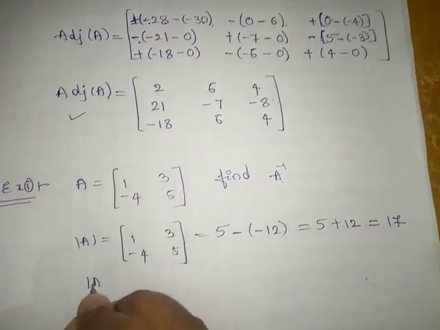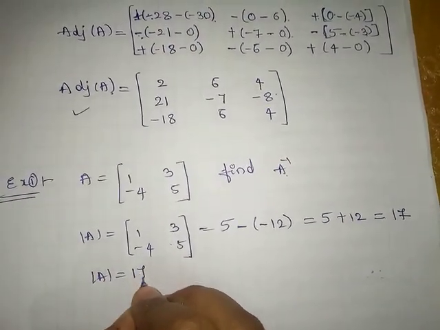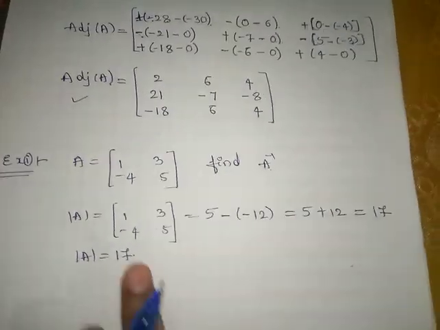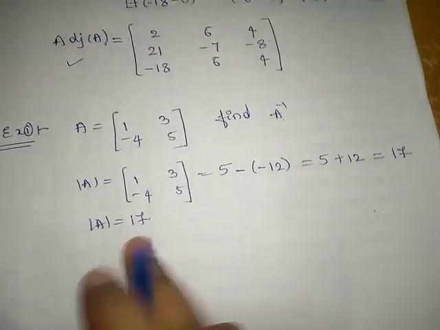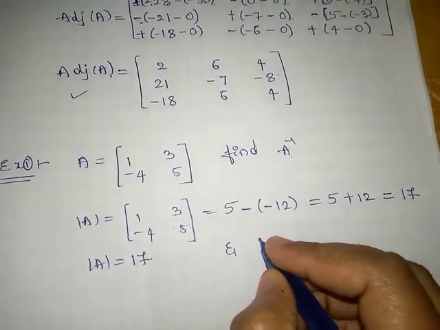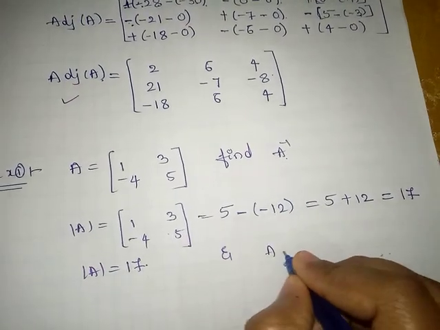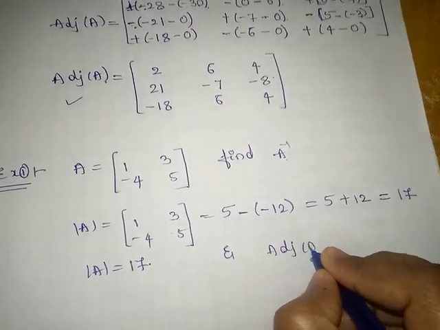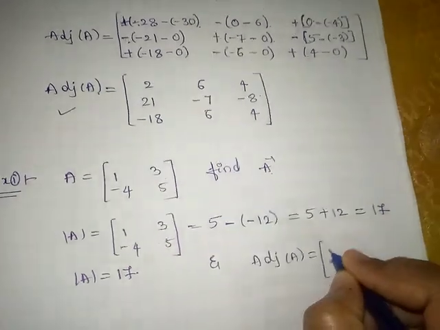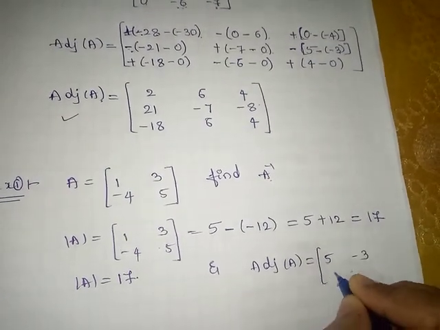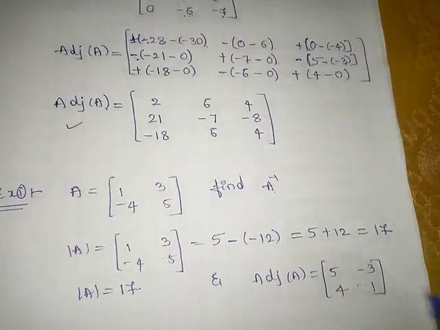Determinant of A is 17. And we already know the adjoint of this matrix is what? Adjoint of A is equal to 5, minus 3, 4, 1.